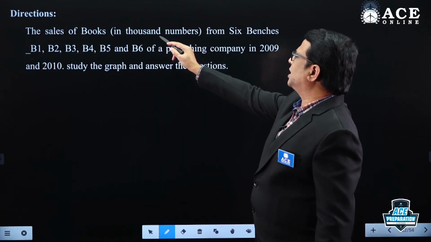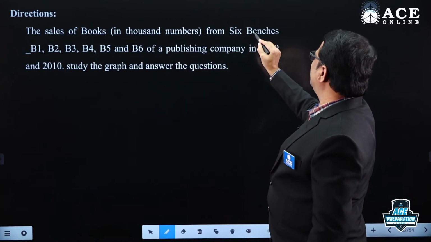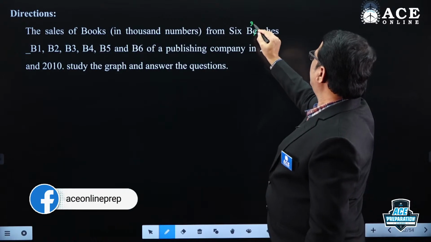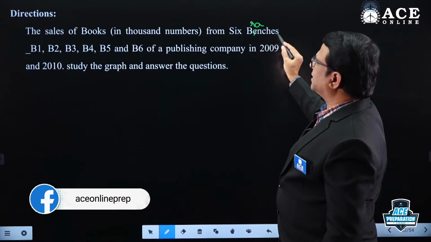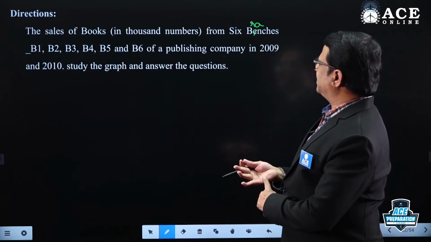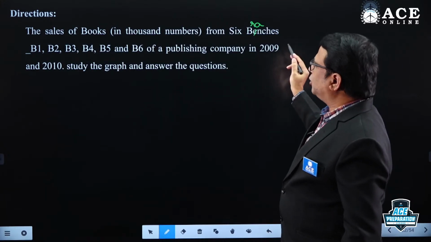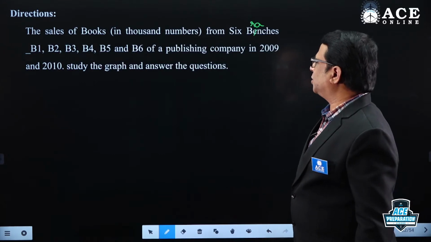The number of books is given in thousands. The sales of books from 6 branches, not benches, branches, B1, B2, B3, B4, B5 and B6 of a publishing company in 2009 and 2010. Study the graph and answer the questions.